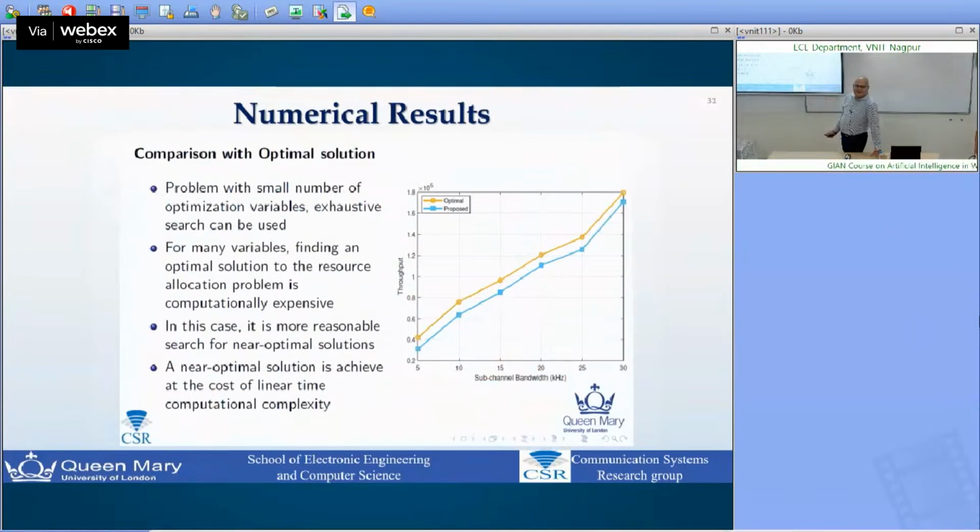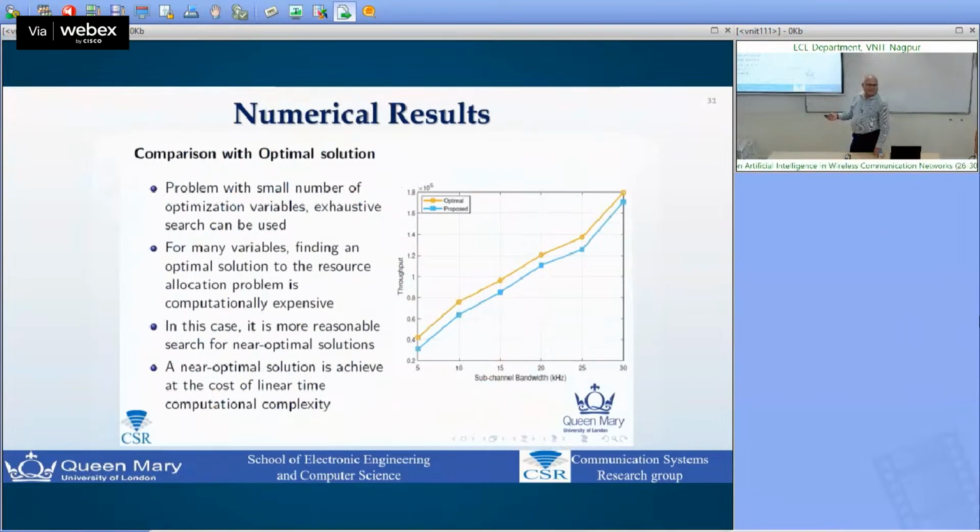By that method we got the optimal solution, so obviously that method is better. Why are we going for machine learning? This one is just to show that for a small number of parameters we can get the optimal solution. When we have a huge number of devices, we don't know the yellow line. We can't do the exhaustive search. When you have tens of thousands of devices, we don't know what the yellow line would be.